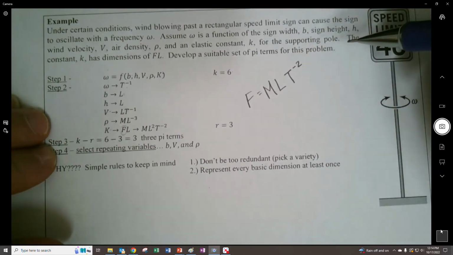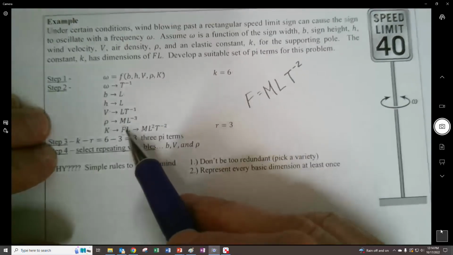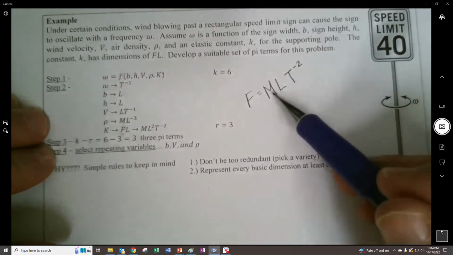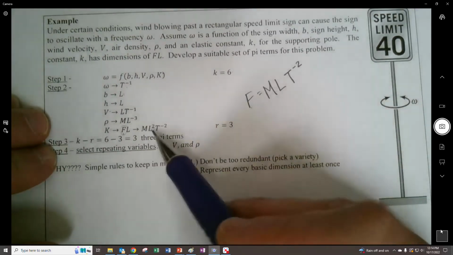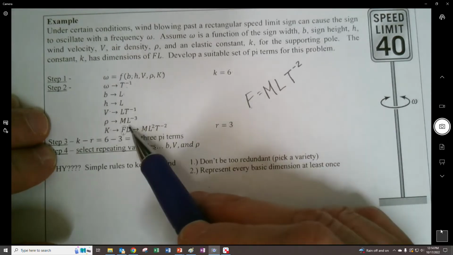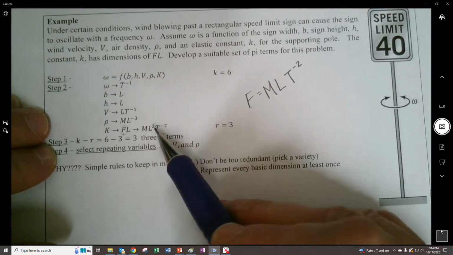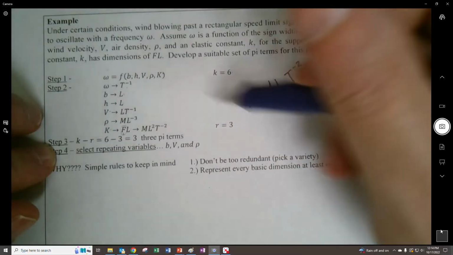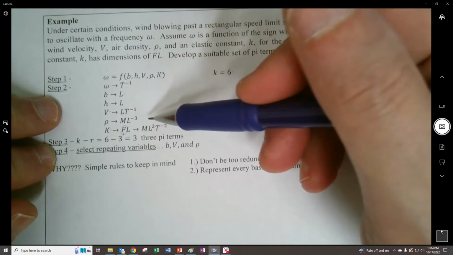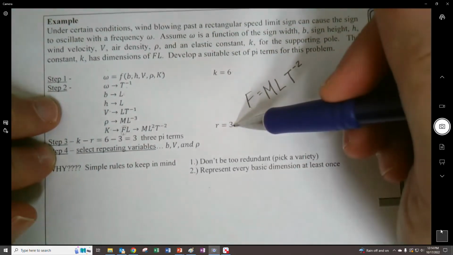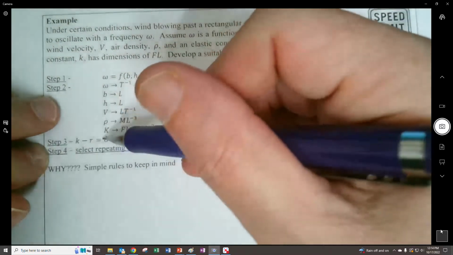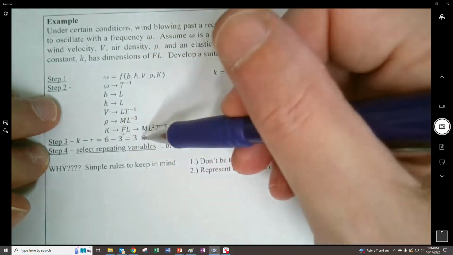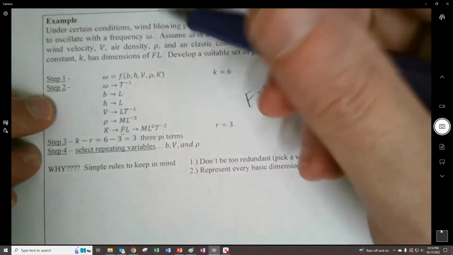So in that case, we can replace F with mass times acceleration. So mass times length, and of course there's a length already there, so that's length squared. So that's how that works out. So there are 3 things represented here, M, L, and T. So r is 3, and therefore we have 6 minus 3 in terms of the number of pi terms. We're going to have 3 pi terms.